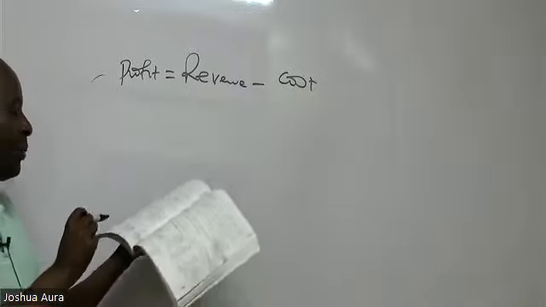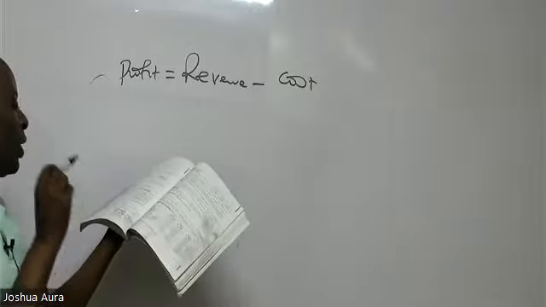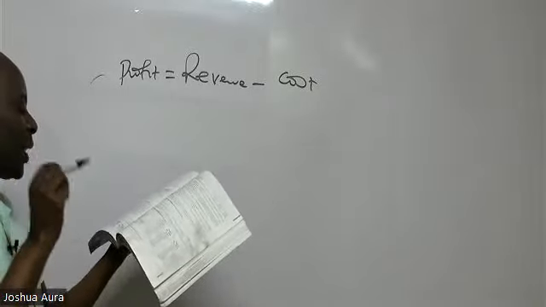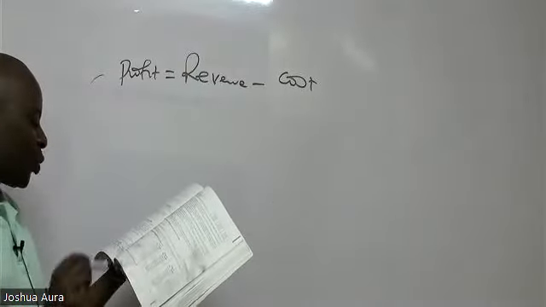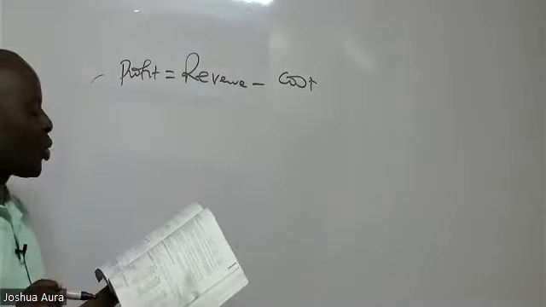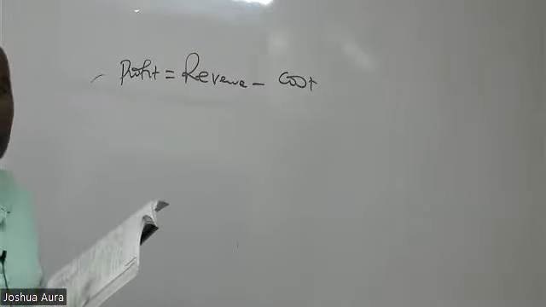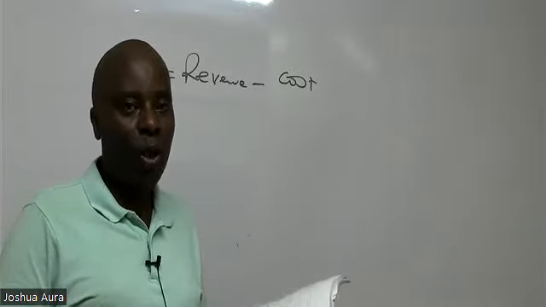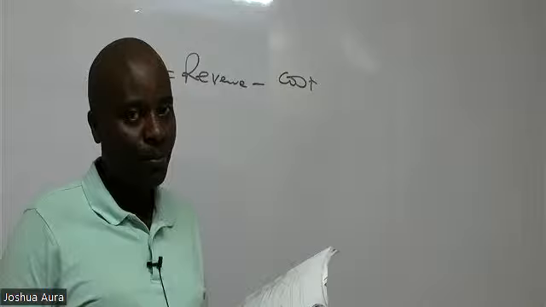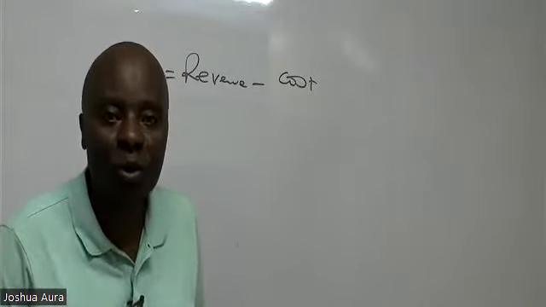So we are given some table there. You can see in this second paragraph they've told us if Huge Limited acquires Tiny Limited, the expected results of Tiny Limited for the next years will be as follows. So we have sales, we have cash costs or expenses, we have capital allowance. In finance, whenever you see capital allowance, what should come to your mind? For us, capital allowance is depreciation.